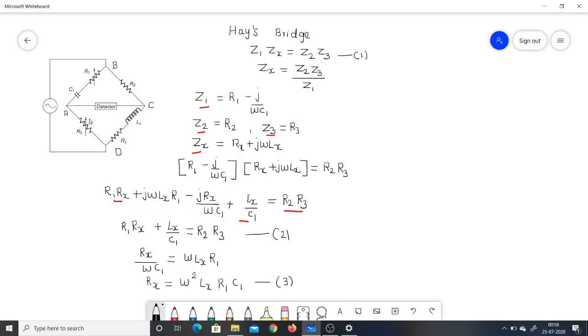After this, I will substitute the Rx value in equation 2.